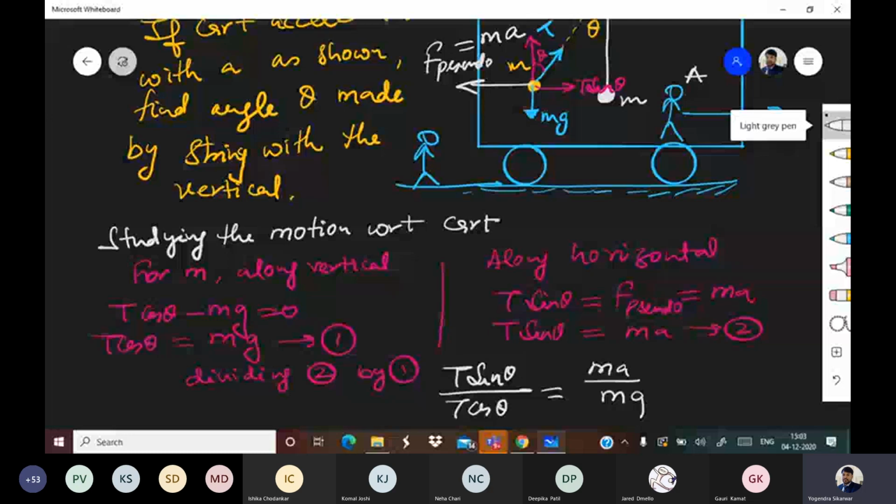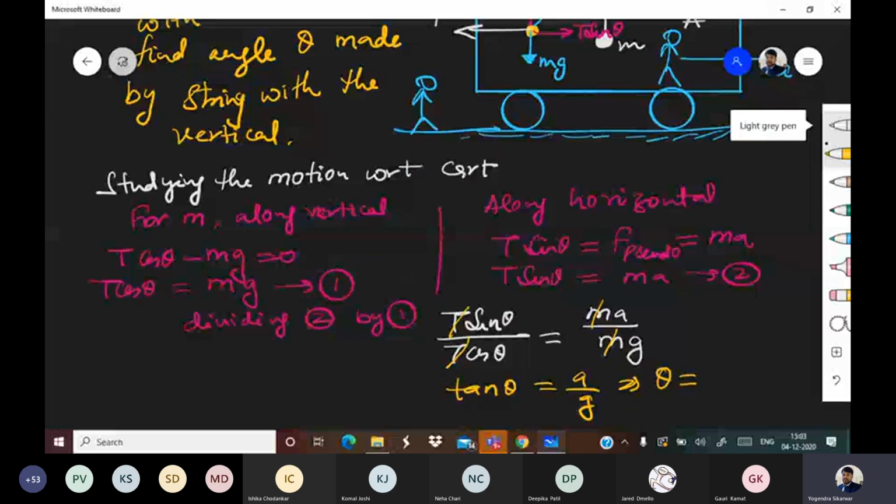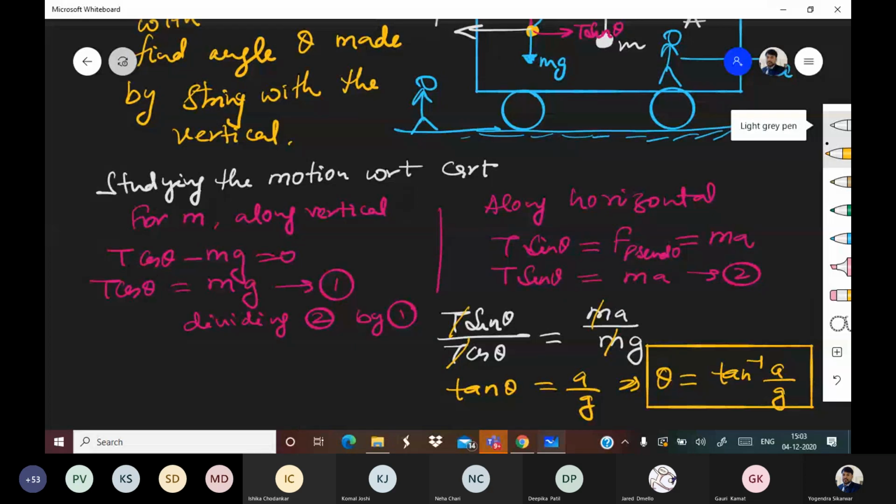So tan theta is equal to a by g. So theta is equal to tan inverse a by g. So the answer is tan inverse a by g.